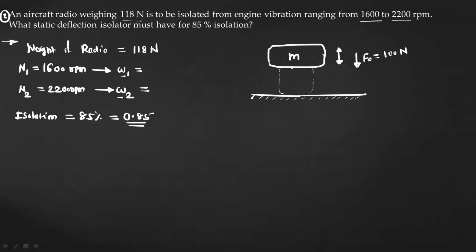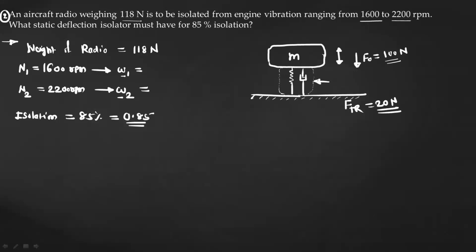So this is the elasticity and this is the damper. Because of this isolator, which is connected between the foundation and the machine, the force is absorbed. So out of this 100 Newton, suppose the transmitted force is equal to 20 Newton.